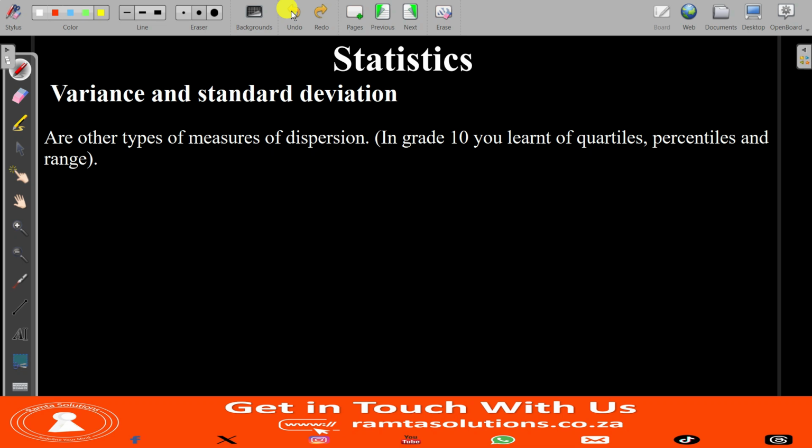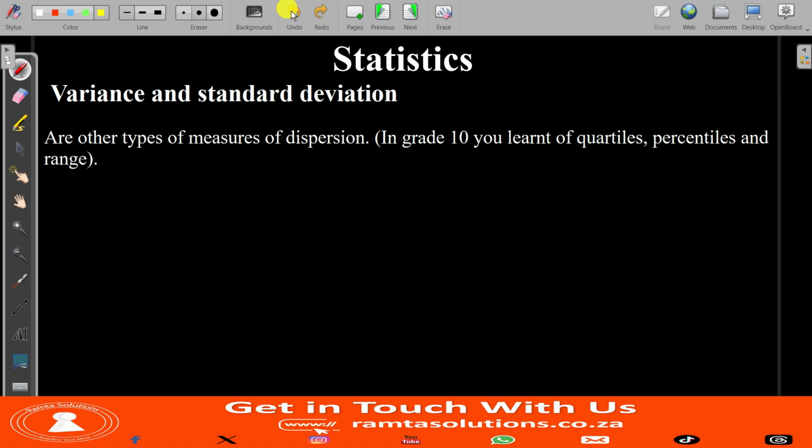What are these two really looking at? They are basically showing you how much values in a data set are varying from each other, and also how much they are different from the mean itself.